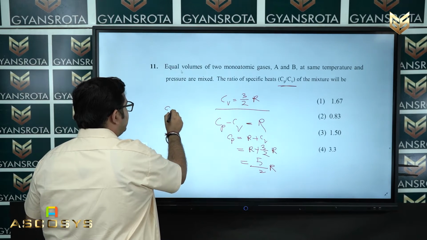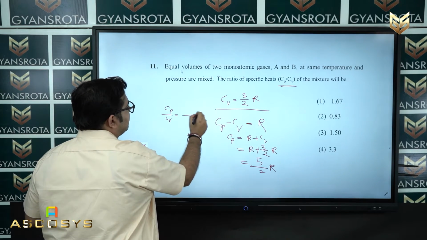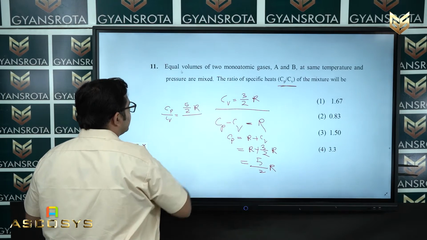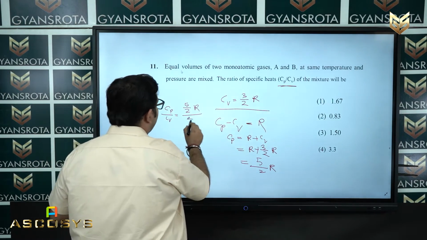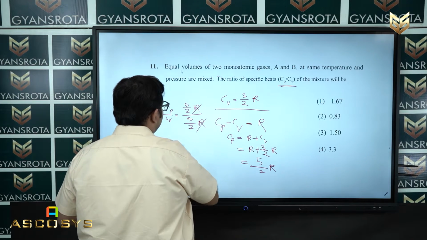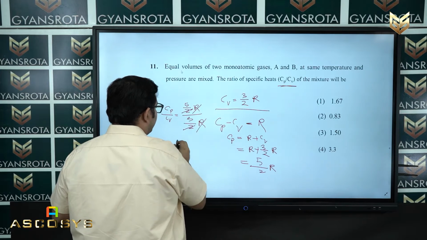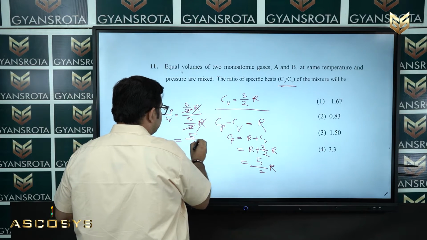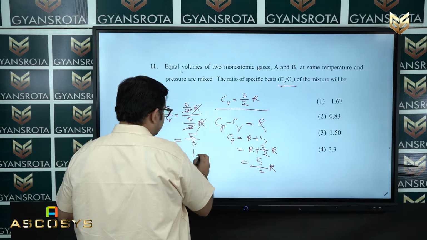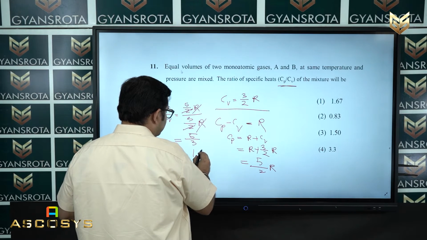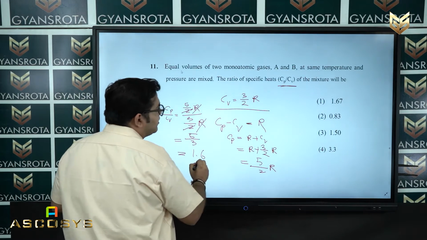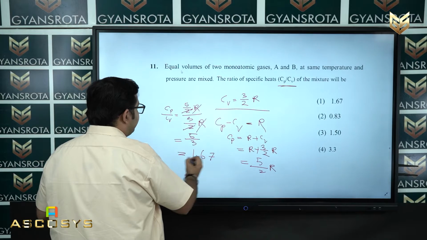So Cp by Cv, what is the value of Cp here? That is 5 by 2 R. What is the value of Cv? That is 3 by 2 R. Now R and R get cancelled out, 2 and 2 are cancelled out, so we end up with 5 by 3, that will be 1.67.